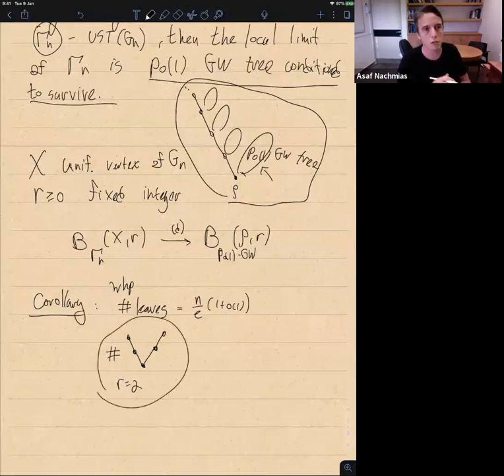Then you look at just the corresponding Poisson 1 Galton-Watson tree. So here you look only at this tree up to height 2. From looking at this tree, you are not sure which is the infinite path.